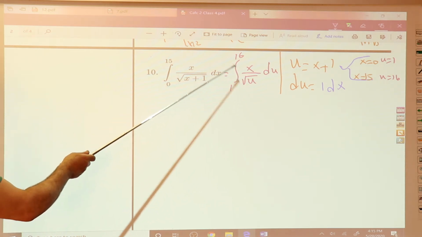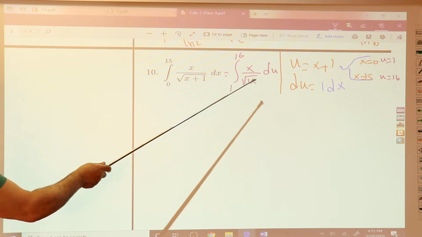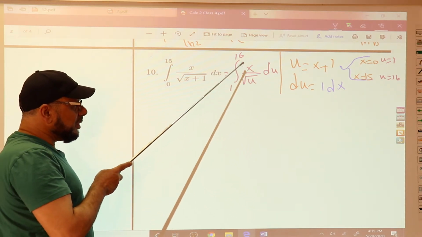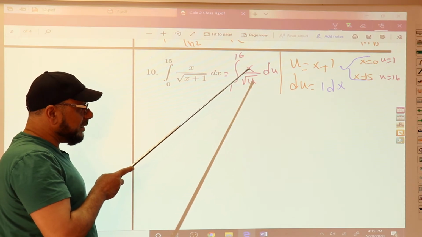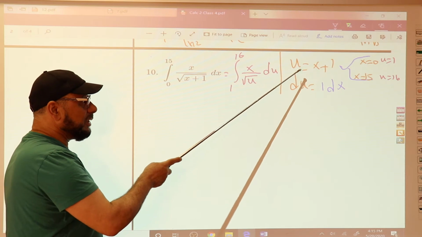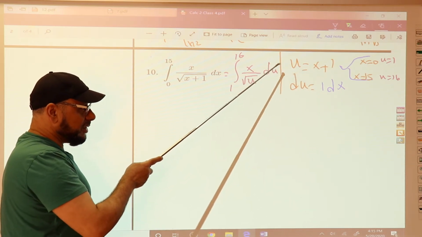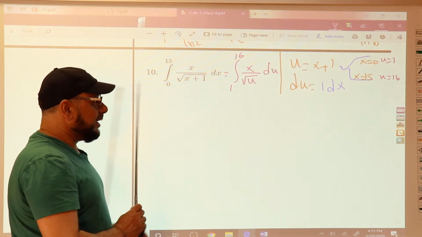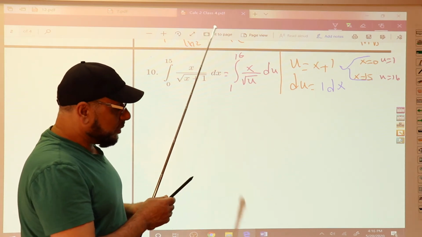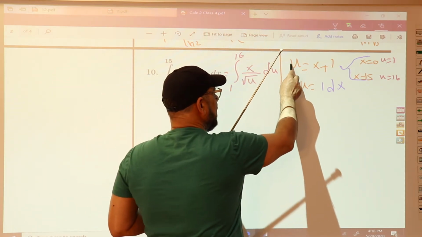I have no way to eliminate the x. I cannot do my integration when I have x as a variable and u as another variable. x is still a variable because u depends on x. You see that from here, u depends on x.